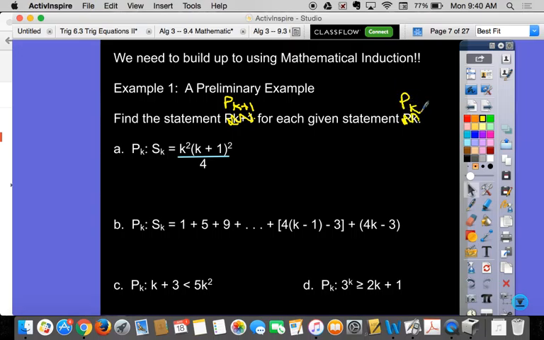So all that these problems are asking us to do is to come up with the k plus 1 term. I keep saying k sub 1 term, but I mean your k plus 1 term.